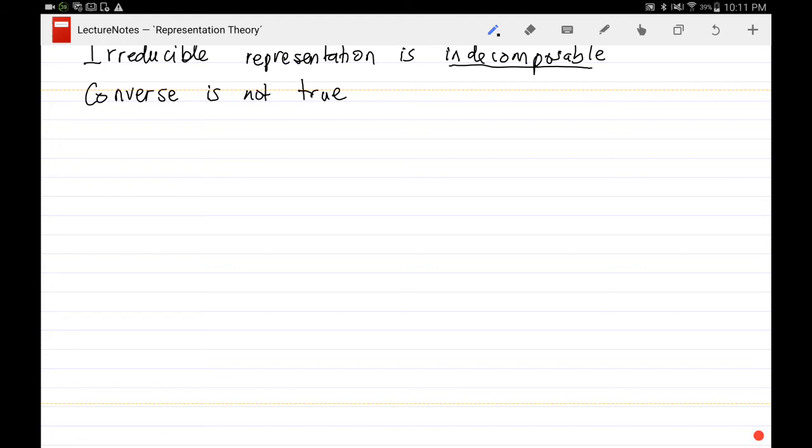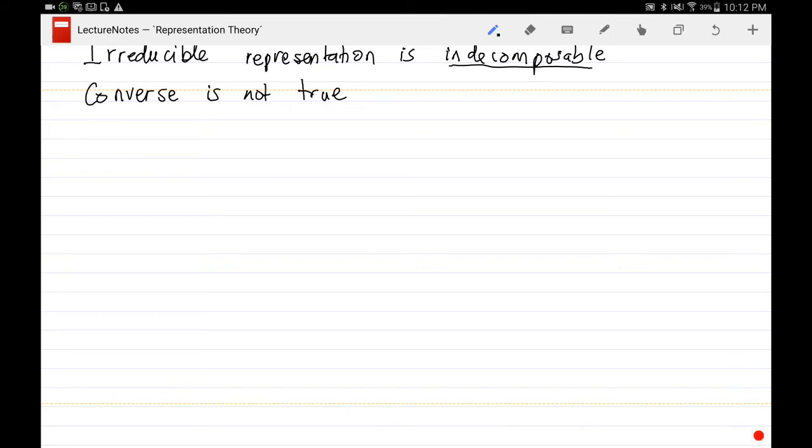It allows us to say that all we need to care about is the vector space, basically. And if I can understand how it breaks up, then I've understood everything about the irreducible representations of my group. And if I understand the irreducible representations of my group, then what more can I ask for? Because I can build any other representations by combining these irreducible representations.